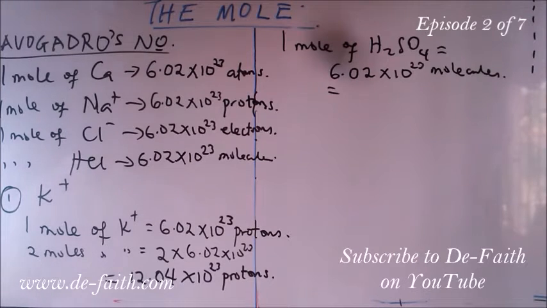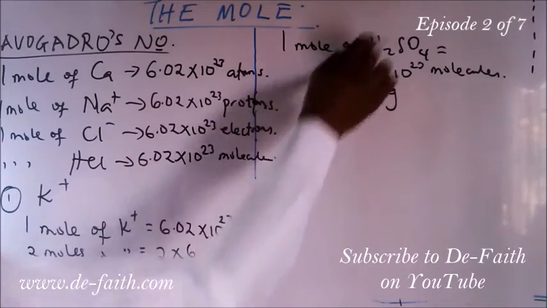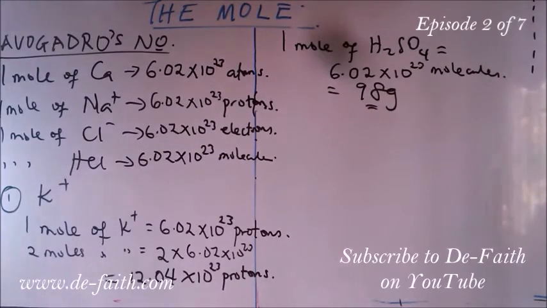When we calculate it, we have 98 grams. So 1 mole of H2SO4 is 98 grams, and it's also equal to 6.02 times 10 raised to the power 23. Now we're told to find the number of grams present in 24.08 times 10 raised to the power 23.